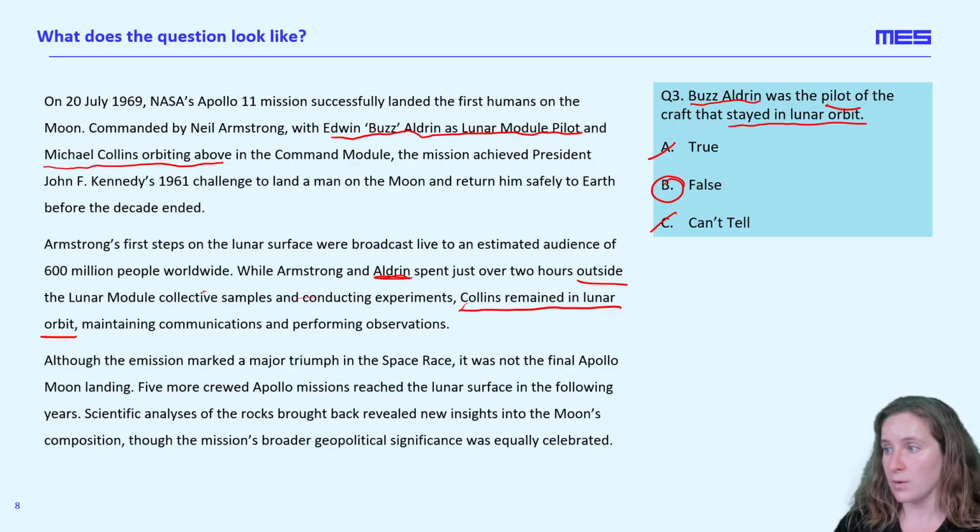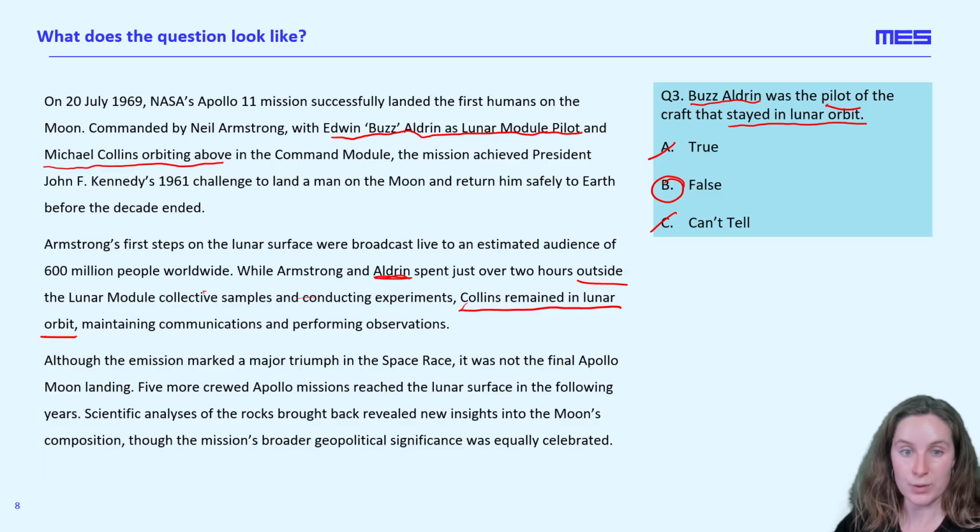And realize that if we had just read that first paragraph, Buzz Aldrin as the lunar module pilot, and thought we have 28.6 seconds to get through this question, let's go, true, let's move, we would have got this answer wrong. We would have chosen true, and if we hadn't checked with that second key phrase of lunar orbit, we would have been guided to the wrong answer.